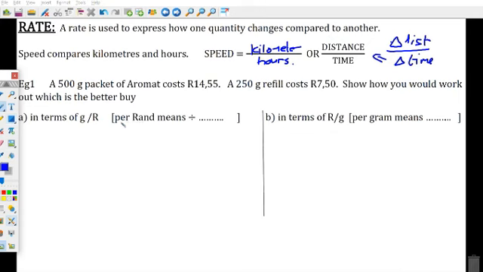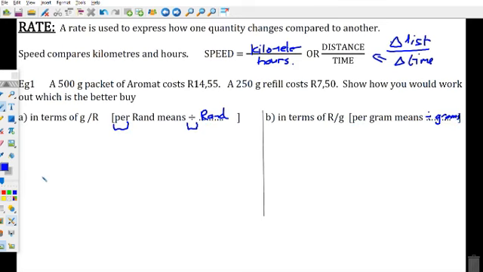Per means divide. So per rand means divide by rand. So per gram means divide by grams.